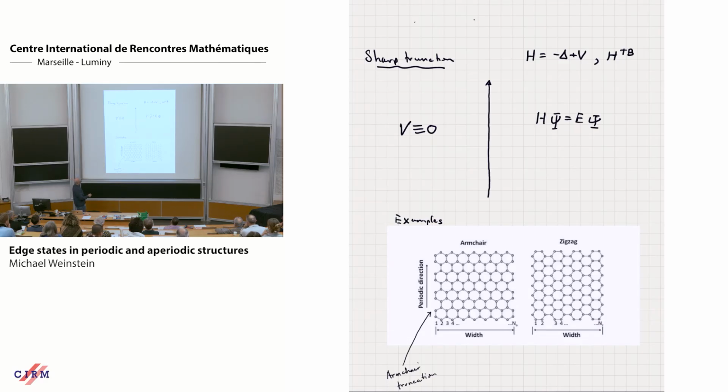And these are shown really as graphs, but think of these little dots over here as being radially symmetric potentials that are centered at those vertices. Then you have a V of x formed by these. And so you could think of this as if things extend infinitely to the right and infinitely up and down, then what you have is a honeycomb half space with different kinds of terminations.